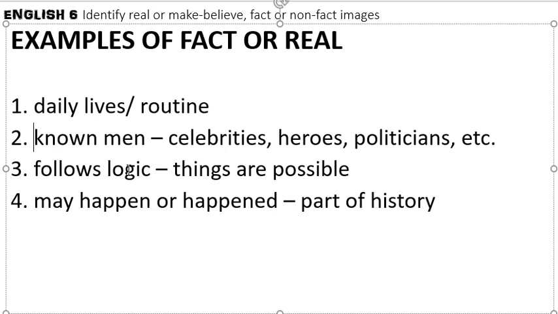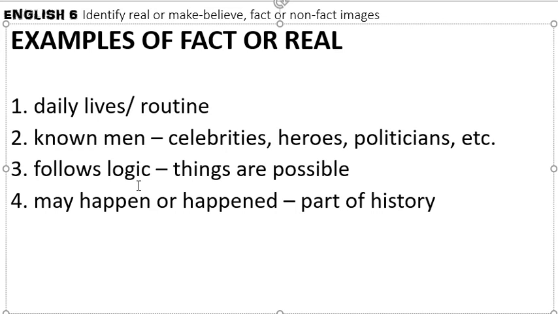If pinag-uusapan po dito ay mga artista, mga celebrities, heroes. Heroes na history ha, hindi po mga heroes na may superpower ha. Politicians, etc. Basta people that exist in the real world, this is fact or real. Next, number 3, if it follows logic.